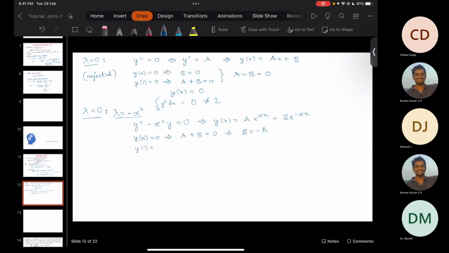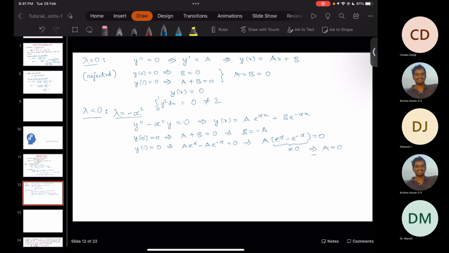Putting the second boundary condition, y(1) is equal to 0, this implies that a e to the power alpha minus a e to the power minus alpha is equal to 0, and this implies that a times (e to the power alpha minus e to the power minus alpha) is equal to 0. And you know that exponential to the power of any number except minus infinity is never 0. So this means that this term is not 0. So the only conclusion is a has to be equal to 0.